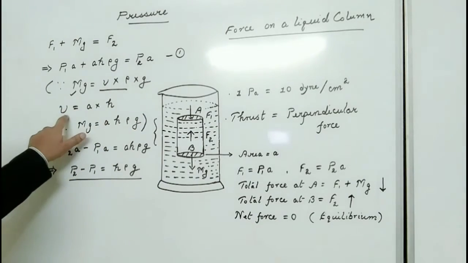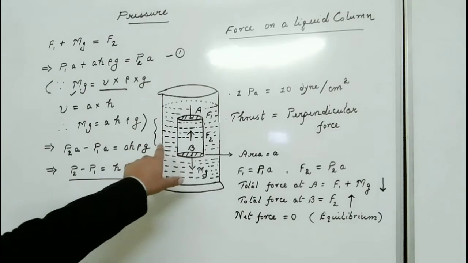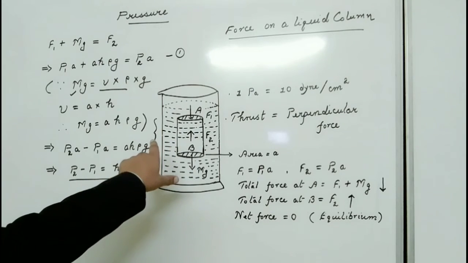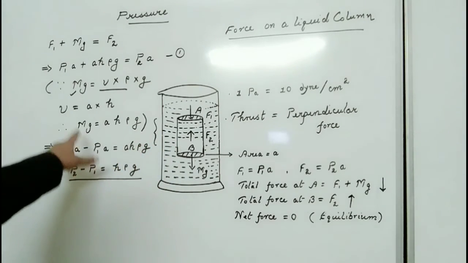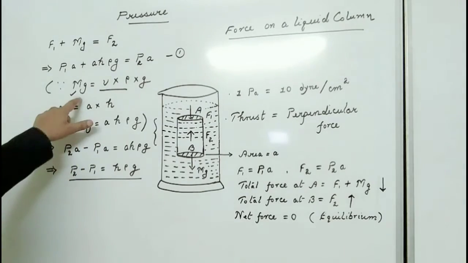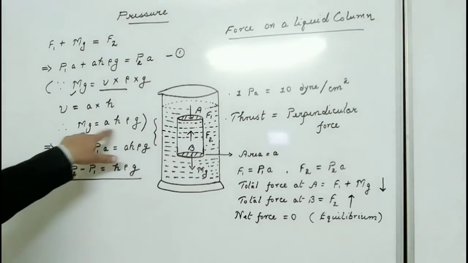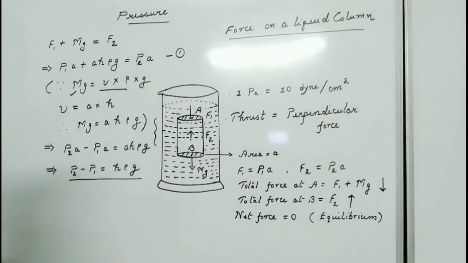Now the volume for a cylinder is pi r square H, where pi r square is the area. So volume is area into height, A into H. Putting the value here, mg equals AH rho G.